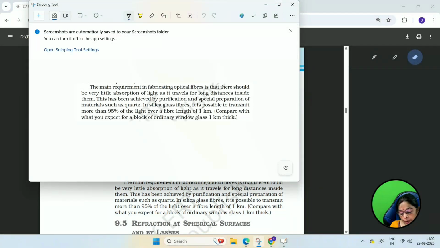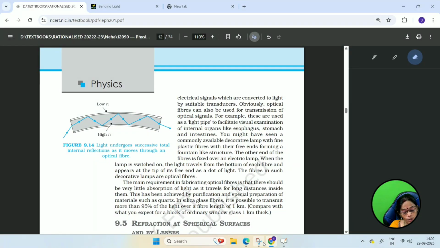This has been achieved by purification and special preparation of the material such as quartz. One more question will be asked, that's why I am making you underline that. In silica glass fibers, it is possible to transmit more than 95% of the light over a fiber length of 1 kilometer. You can make a note of all this.